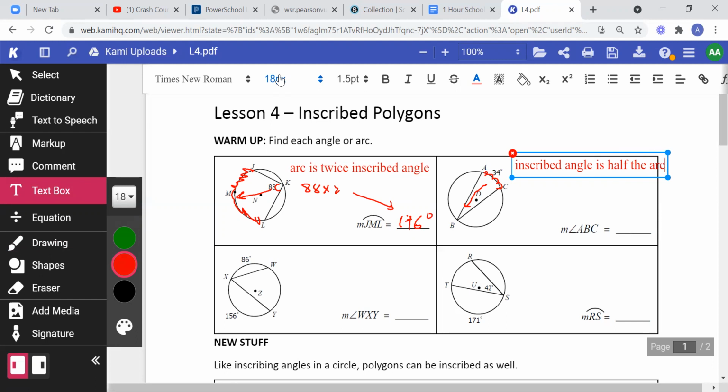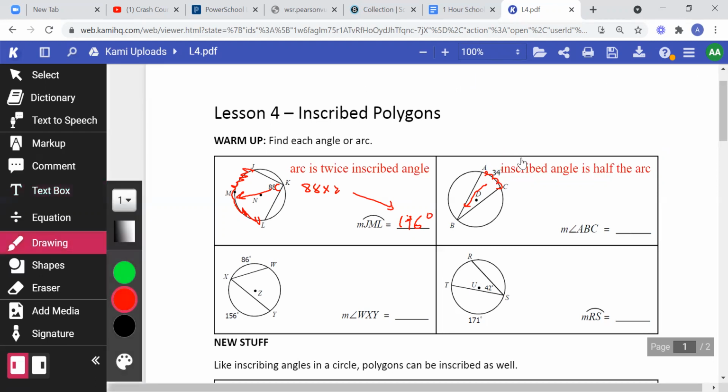So if you take half of the arc that intersects that inscribed angle, here you're going to have 34. Since they said half, you divide by 2, and 34 divided by 2 gives us 17. So here this is 176, and this angle is 17.